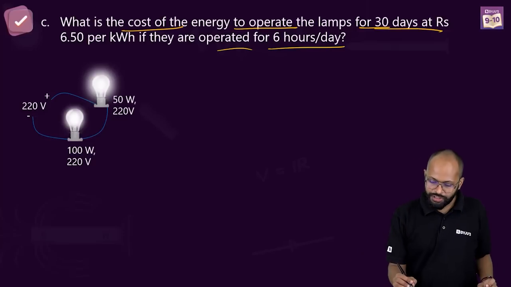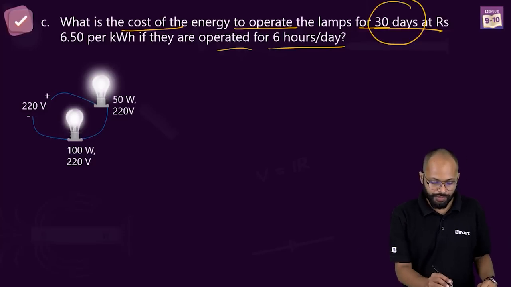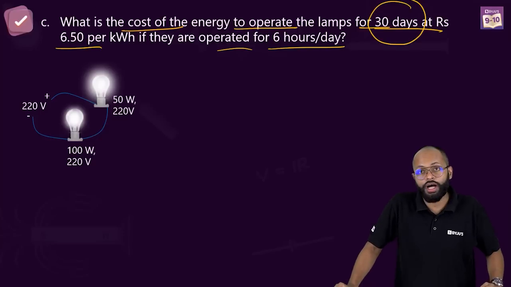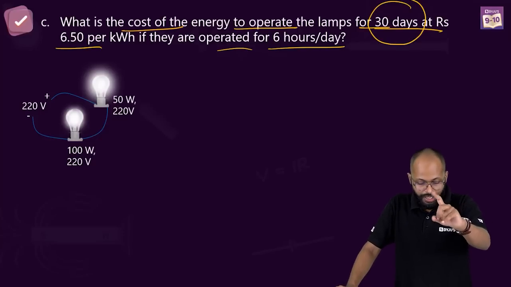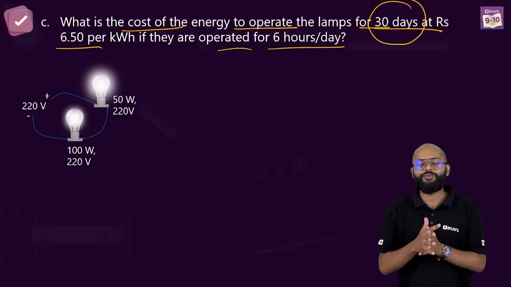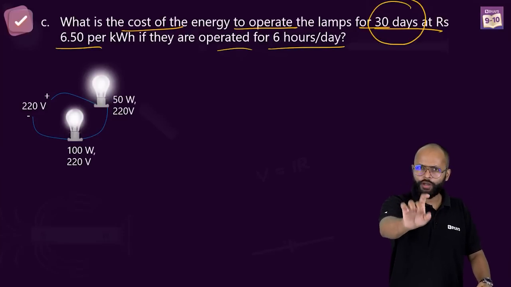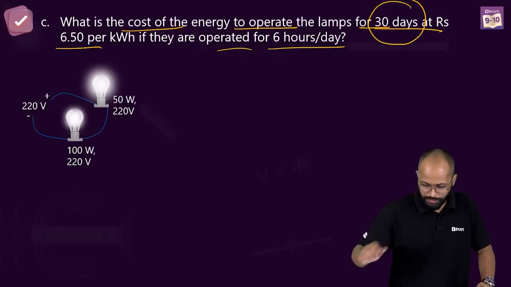How much duration is given to you? 30 days, at rupees 6.50 per kilowatt hour. So you have to find total energy consumed, right? Come on, it's an easy question. Just hold on and see how to solve such a question.